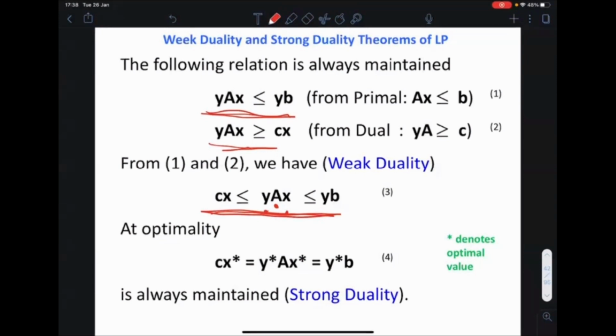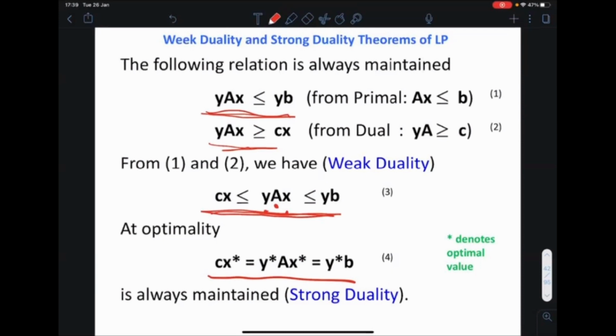This holds for any feasible solutions X and Y, but for the optimal ones, that equality would hold.